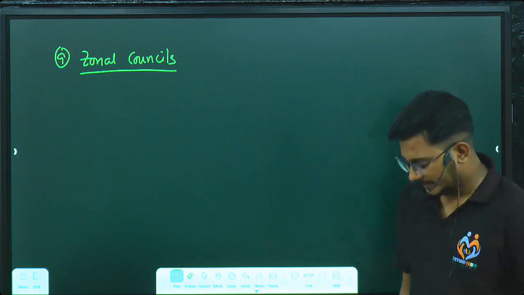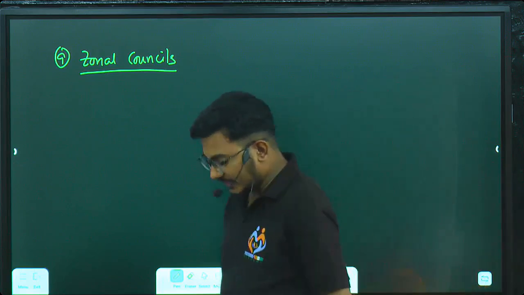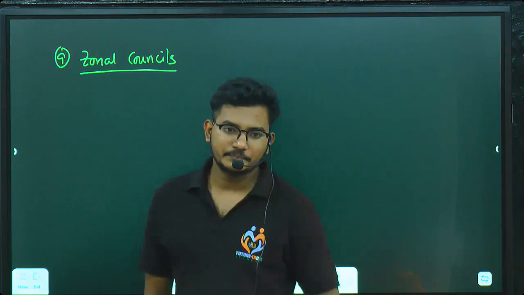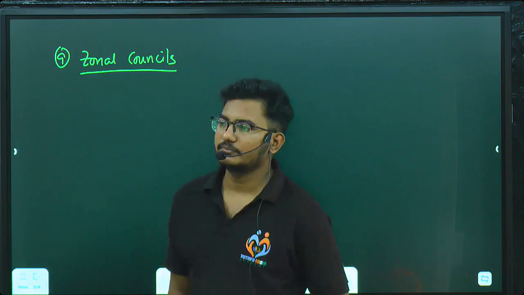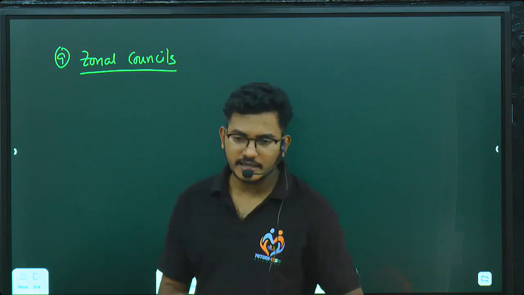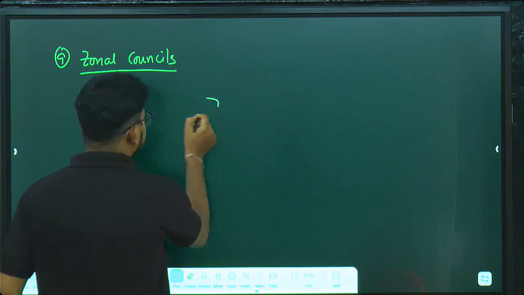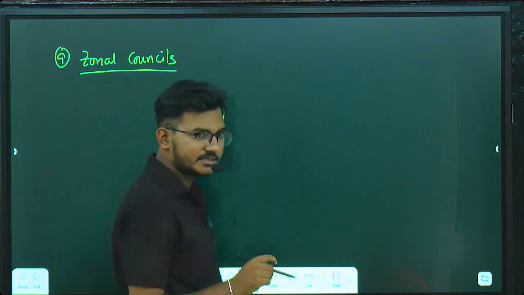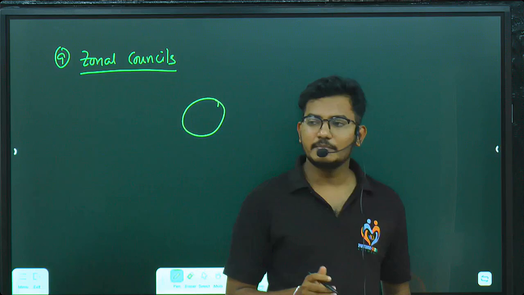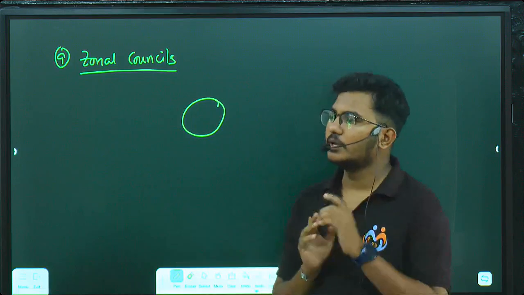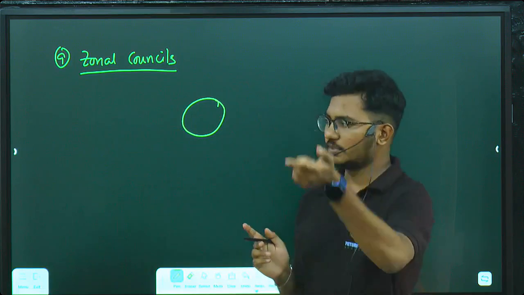Okay. See, when the 1956 States Reorganization Act came, we created some states. Along with the states, they came up with a beautiful concept. They merged some states and formed the Northern Zonal Council.